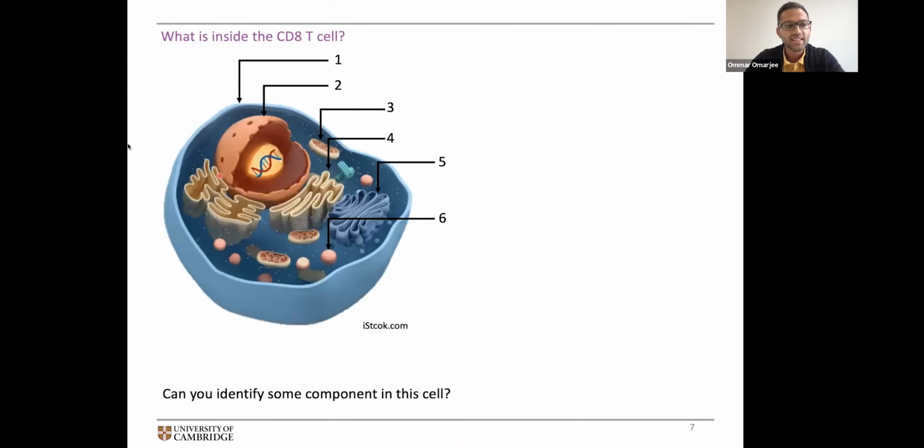This is a 3D picture of a cell. And there is a little task for you here. I've numbered different components of that cell 1, 2, 3, 4, and basically, it's a little game trying to guess what the different numbers are.